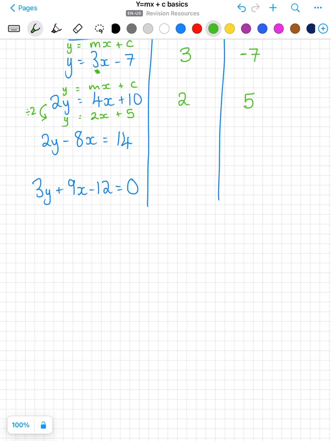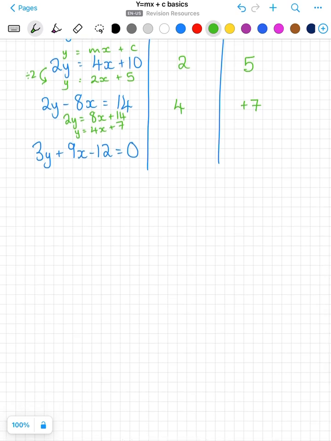Similarly, our next one is not in the form of y equals mx plus c. So we're going to add the 8x to both sides so that we end up with our y on its own. And then we need to divide our entire equation by 2, leaving us with a gradient of 4 and a y-intercept of 7. Same again, 3y: we're going to take away the 9x and add the 12.